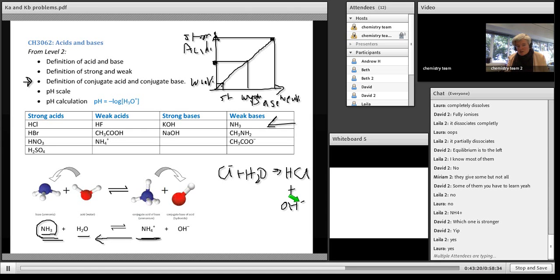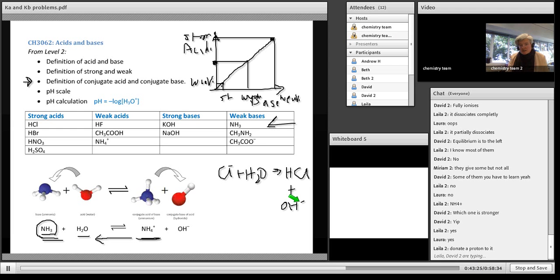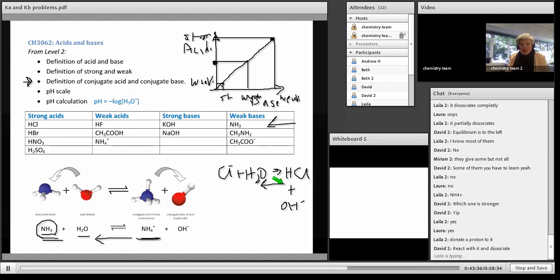If I try and react chloride with water to make HCl and OH minus, is that going to work? Yes, the HCl would donate a proton to the hydroxide. You know that HCl and hydroxide react straight away, and it's going to go straight to chloride again. Correct. So Cl is such a weak base, it doesn't even really deserve the label base. So a very strong acid has a useless base, and a very strong base has a useless conjugate acid.